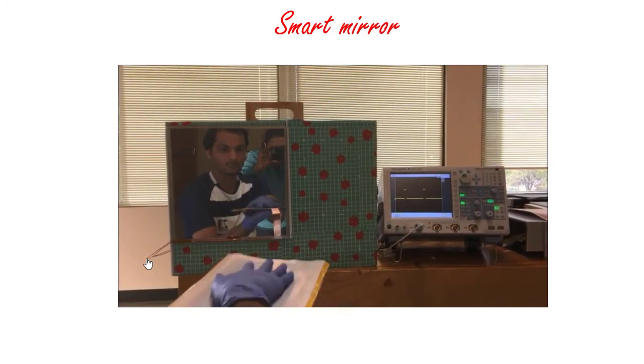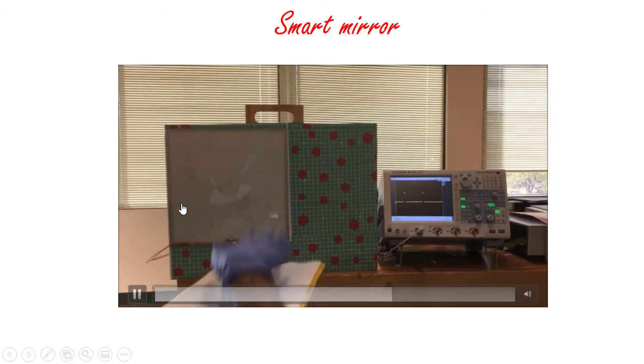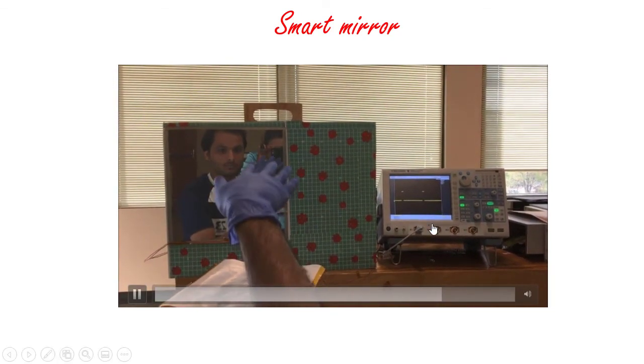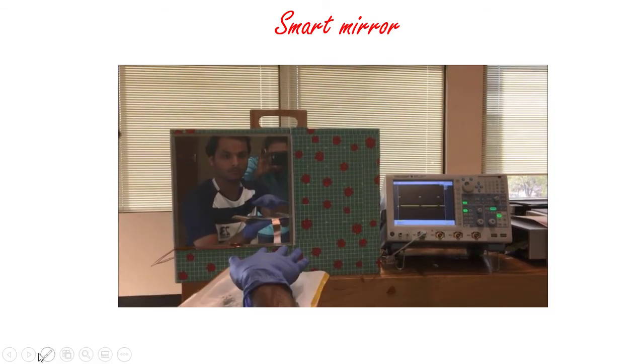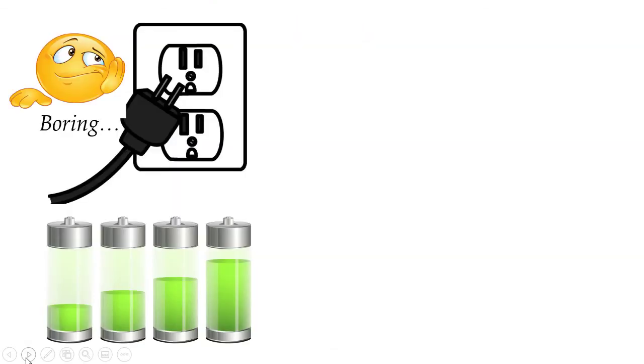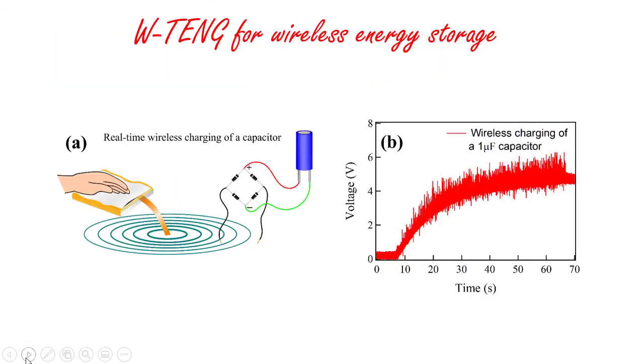And so again, there are no batteries. Whatever power connections there are, are essentially for powering the oscilloscope itself, but there are no batteries here. So let me show you this one.